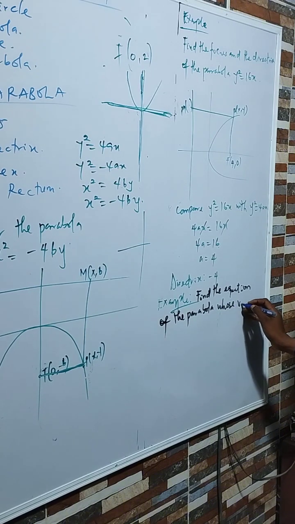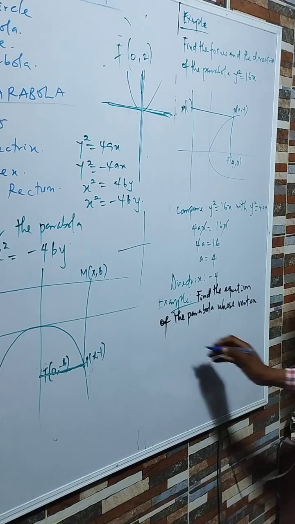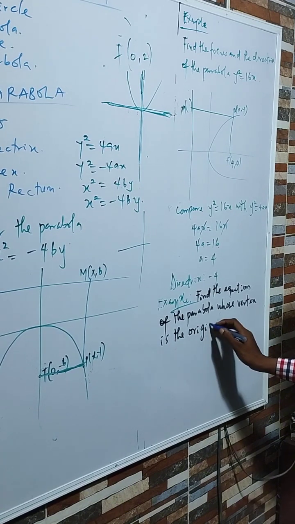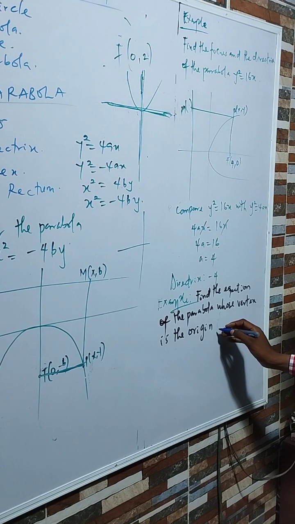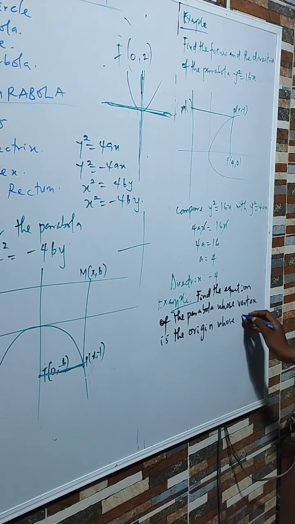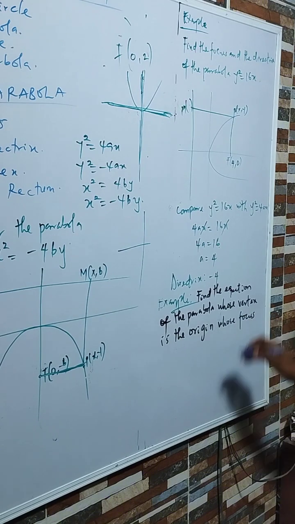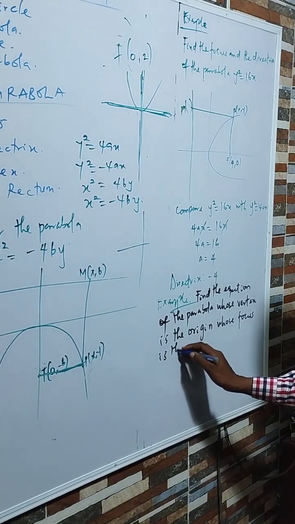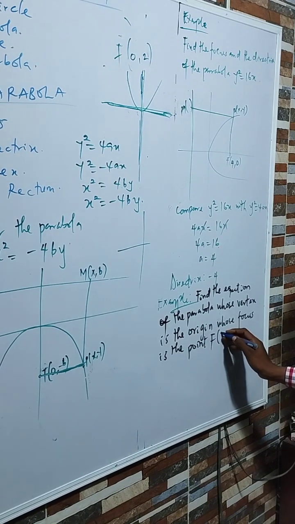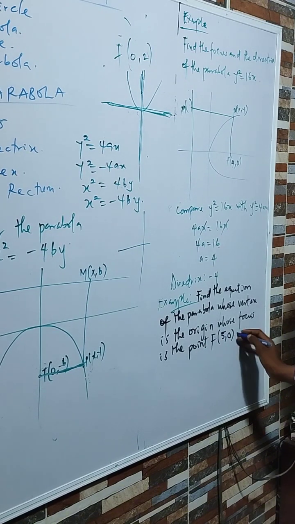whose vertex is the origin, whose focus is the point F, which is, let's just use 5, 0 as the case may be.